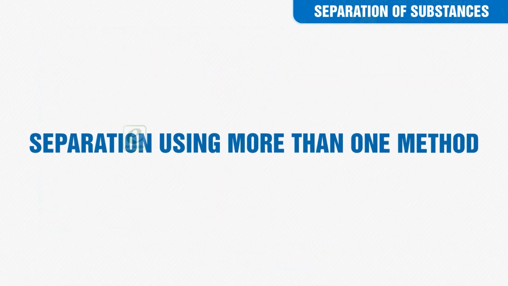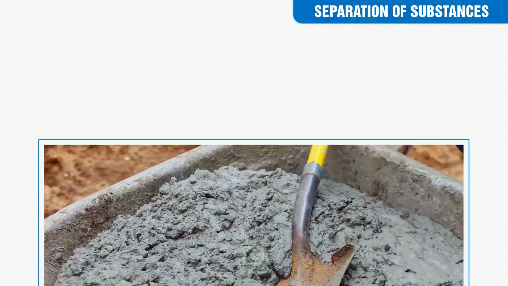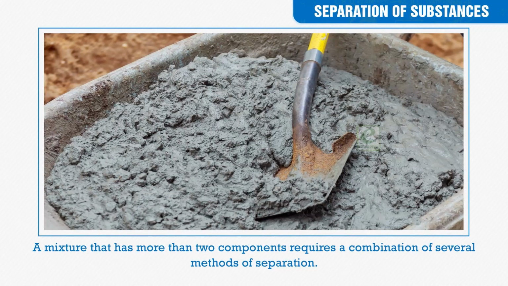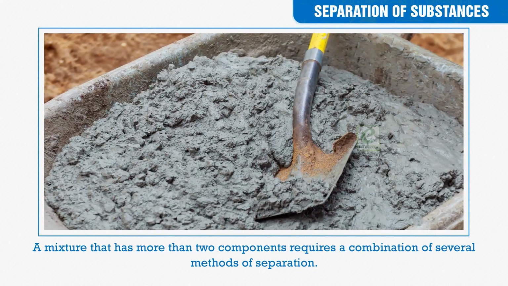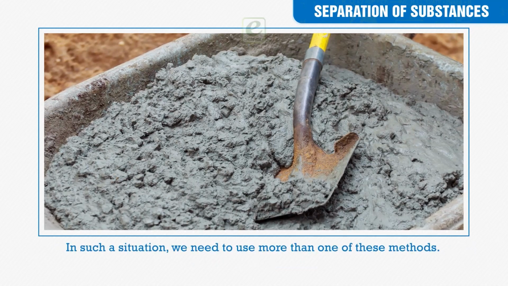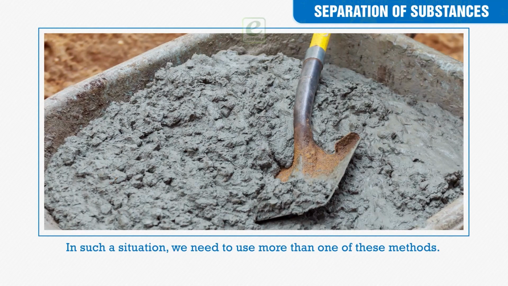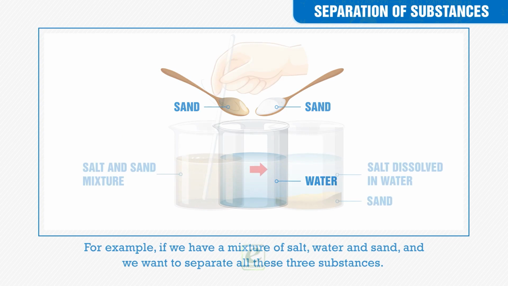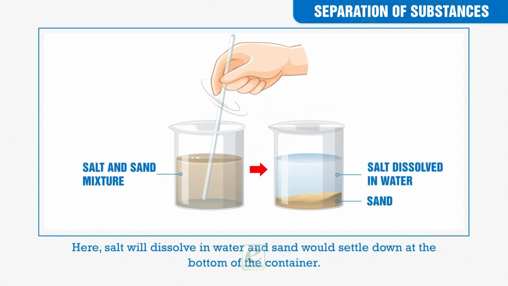Separation using more than one method. A mixture that has more than two components requires a combination of several methods of separation. In such a situation, we need to use more than one of these methods. For example, if we have a mixture of salt, water, and sand, and we want to separate all these three substances, here, salt will dissolve in water and sand would settle down at the bottom of the container.